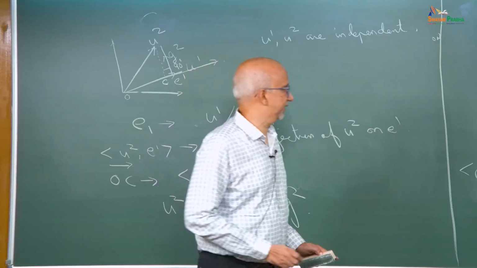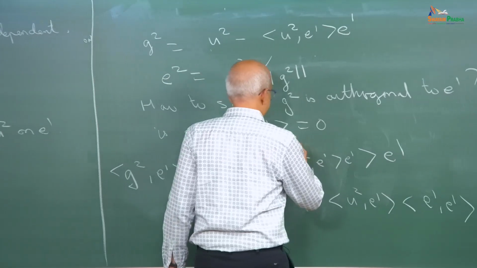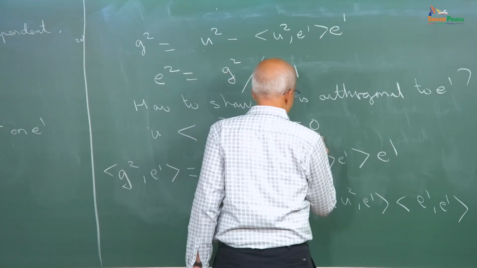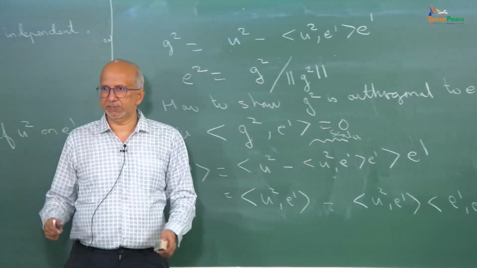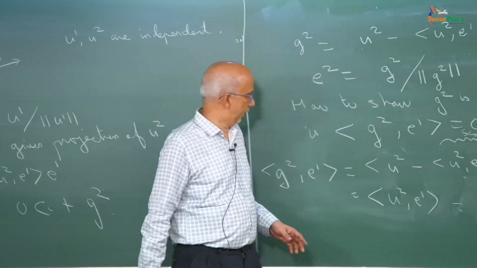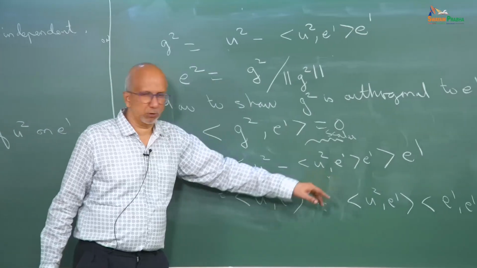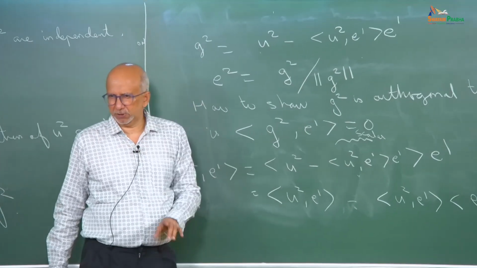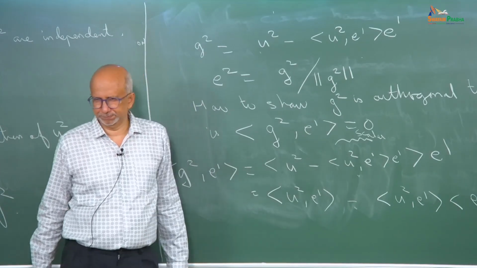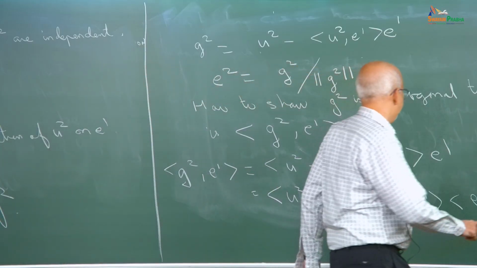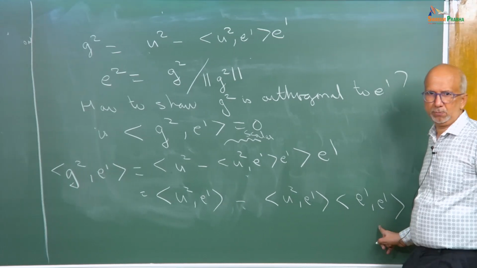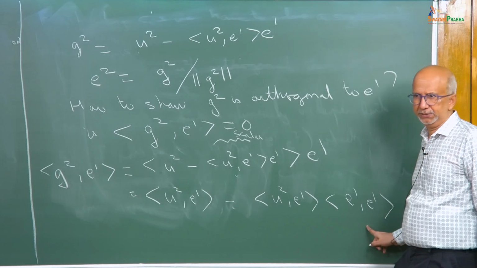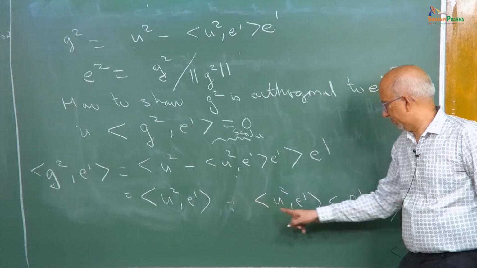This is a scalar. When you take the inner product, you get some number. I should actually do a complex conjugate, but right now let us forget it and say everything is real. Now, the inner product of E1 with E1 is 1, because it is the norm of E1 squared, which is 1. So, you get this minus that, which is 0.